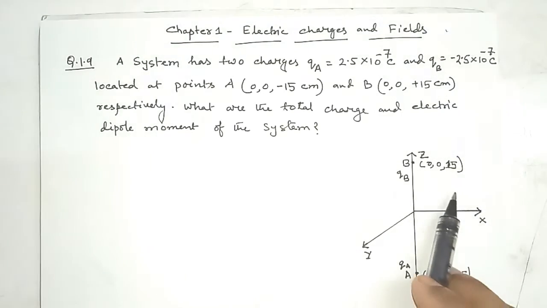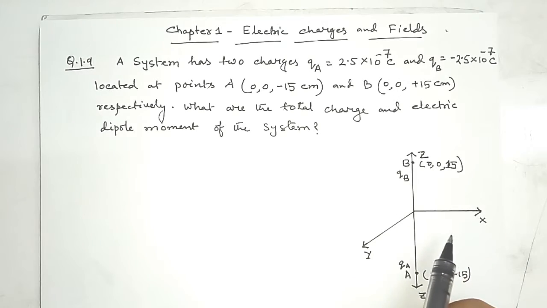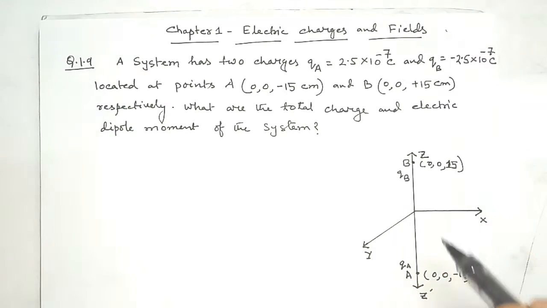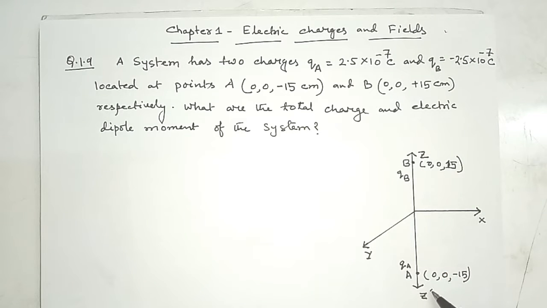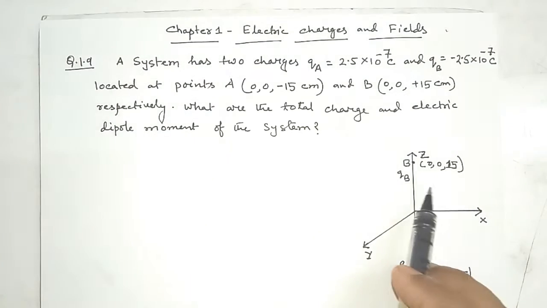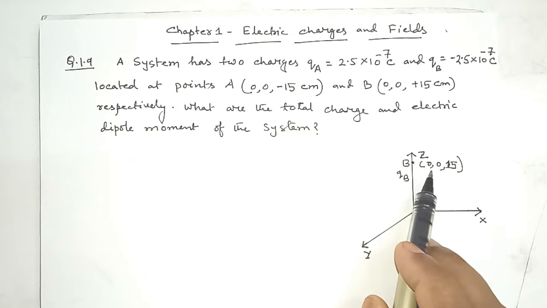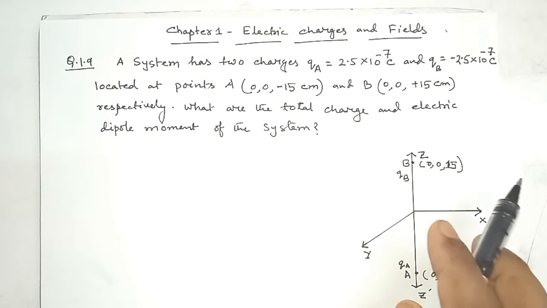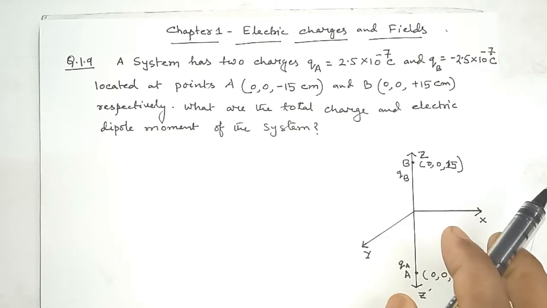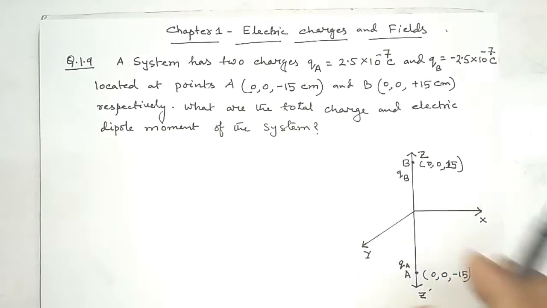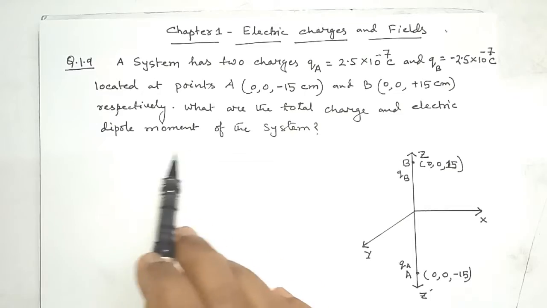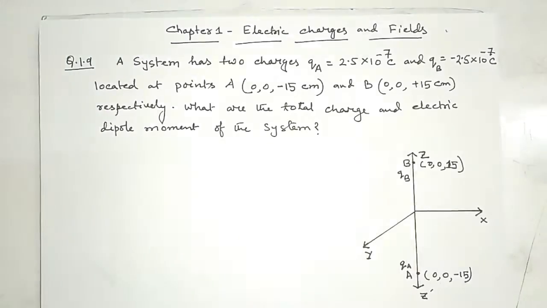So here in a three-dimensional frame we have two charges, QA and QB. QA is located at point A (0,0,minus 15 centimeter) and QB is located at point B (0,0,15 centimeter). Here we have to find the total charge and electric dipole moment of the system.